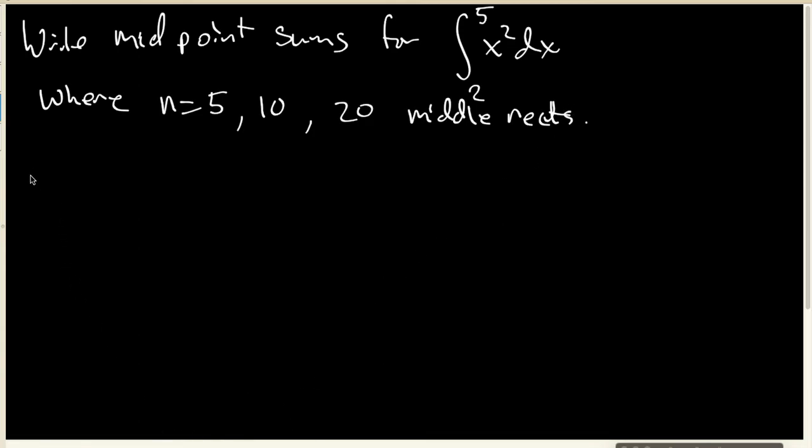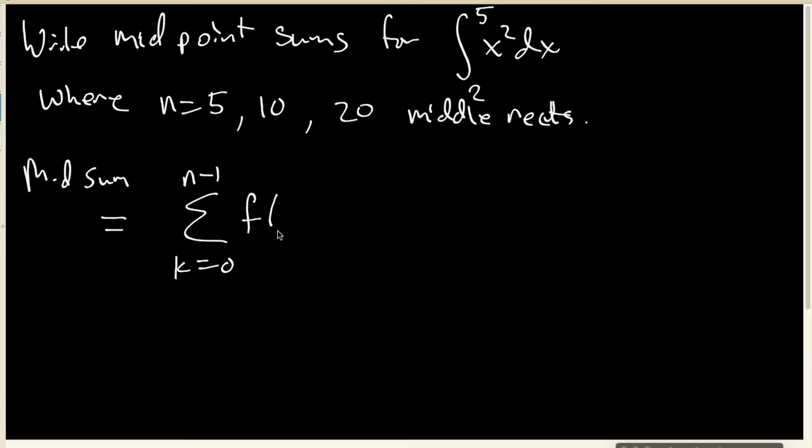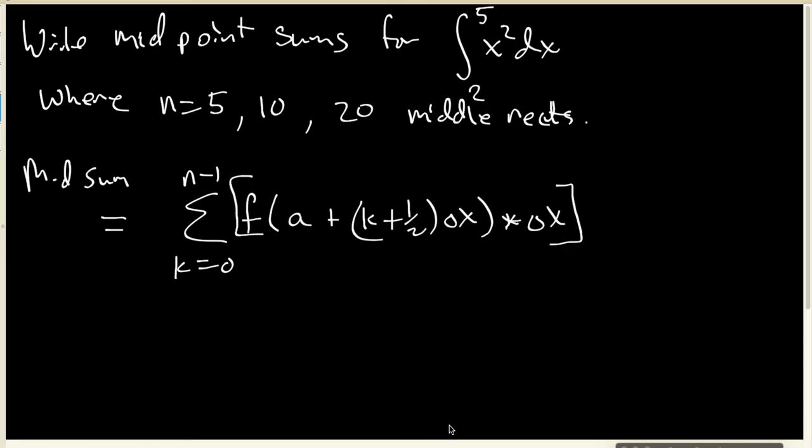So what I want to note is that my midpoint sum formula is going to be the sum as k goes from 0 to n minus 1 of f of a plus k plus a half times delta x and then times another delta x. So it's f of this mess times a delta x.